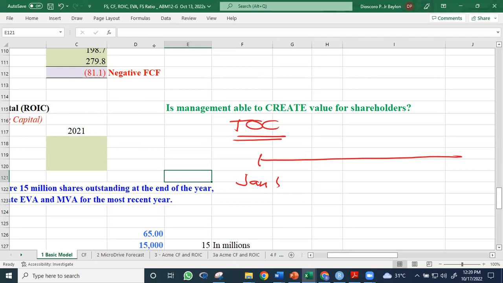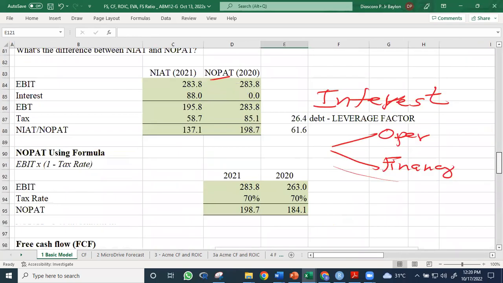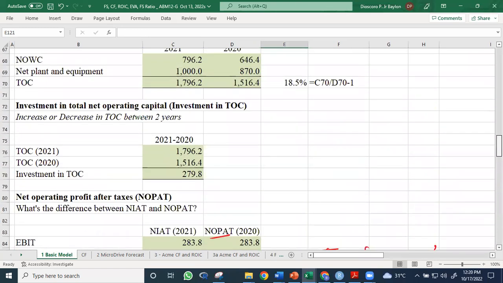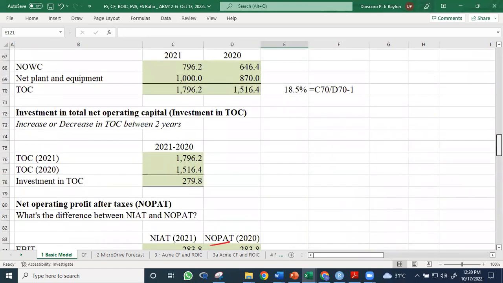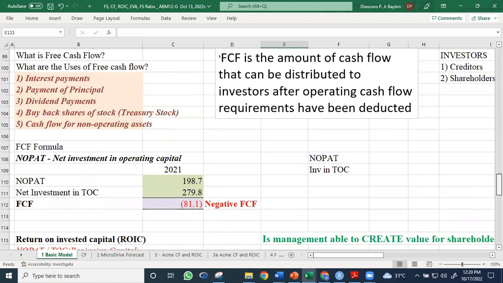And how much was total operating capital at the beginning? Total operating capital at the beginning is, okay, here, 1516.4. End ng 2020 yan, which is beginning of 2021. 1516.4. So let's write that here.